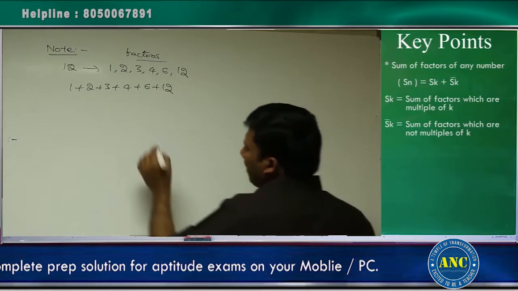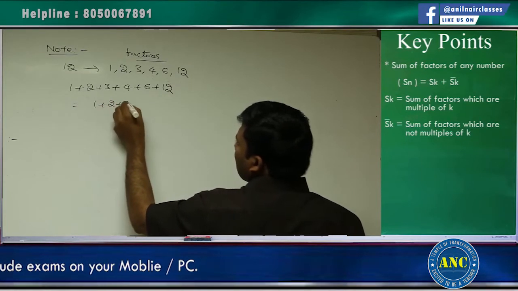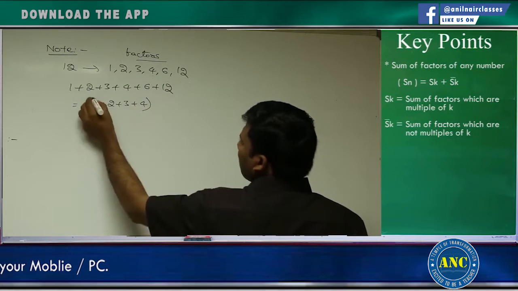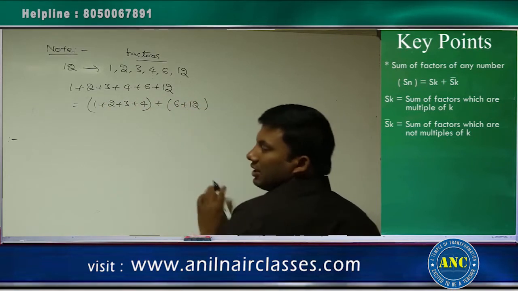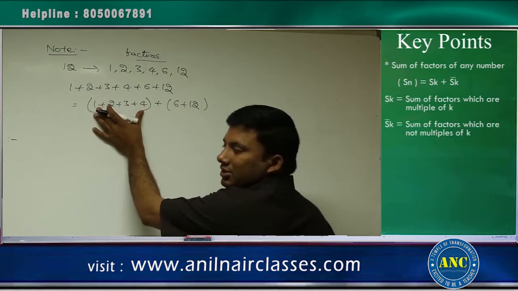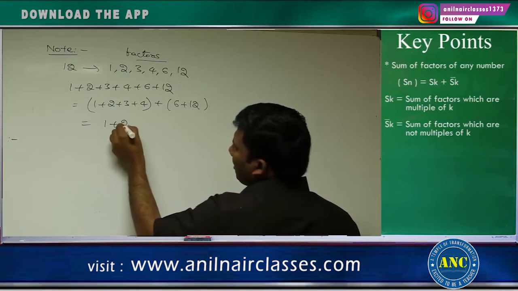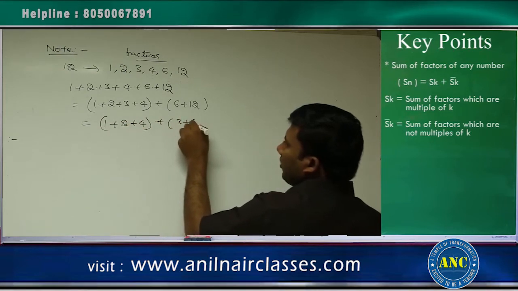Now see here, I am writing it in brackets like this: 1 plus 2 plus 3 plus 4 plus 6 plus 12. Can I say that these are multiples of 6? These are not multiples of 6. I can also write like this: 1 plus 2 plus 4 plus 3 plus 6 plus 12.